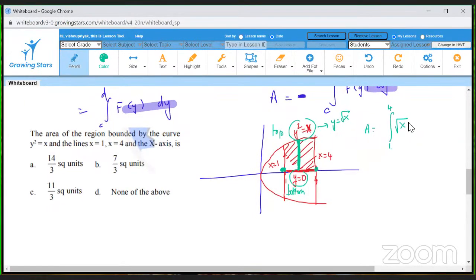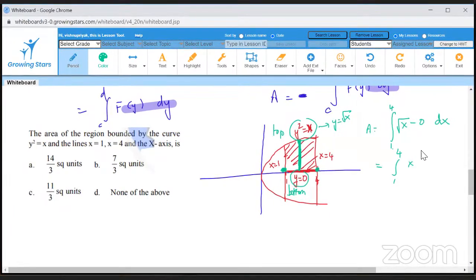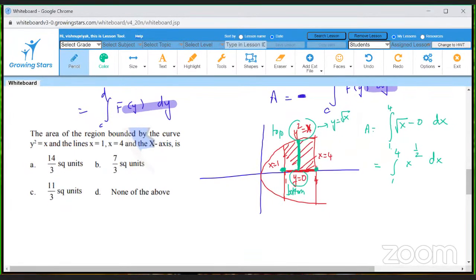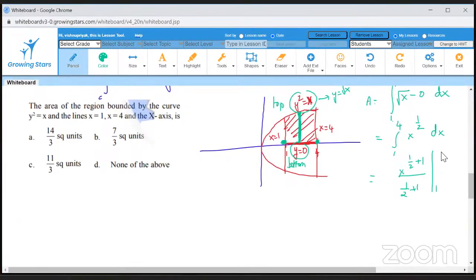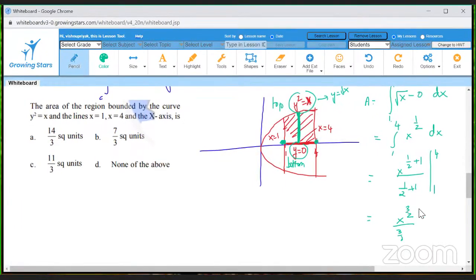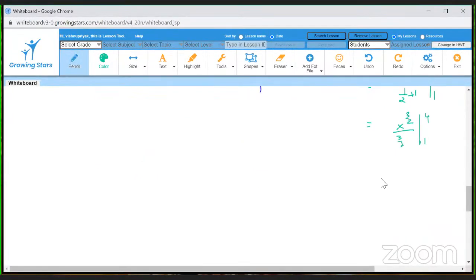So top minus bottom, everywhere x. So integral 1 to 4 x power 1 by 2. Integral of x power 1 by 2 is x power (1 by 2 plus 1) by (1 by 2 plus 1). The bounds are 1 to 4. X power 3 by 2 by 3 by 2, or 2 by 3 into x power 3 by 2, 1 to 4.